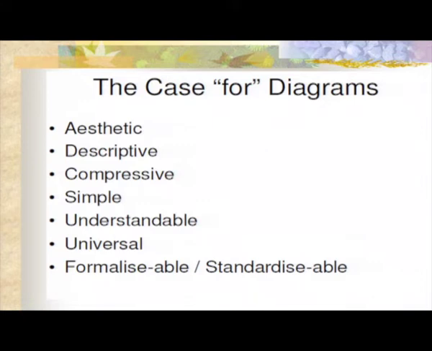Aesthetic, and why should I interoperate with others? Unless you understand that all this will have to eventually thrive in a networked context. And why networked context? These are all different questions, seriously challenging questions. As we progress, we will understand the case for diagrams: aesthetic, descriptive, compressive, simple, understandable, universal, formalizable, standardizable.